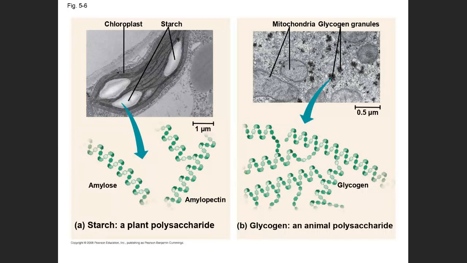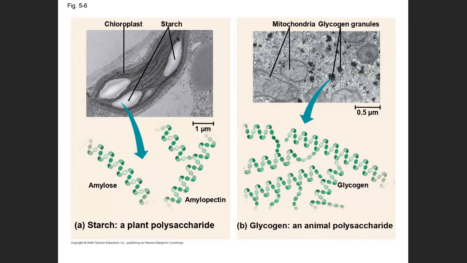Animals, including humans, we store glycogen in the muscles and the liver. So it can serve as an immediate source of glucose, which we need for energy. So if your muscles have a lot of glycogen, you can do a lot more work.